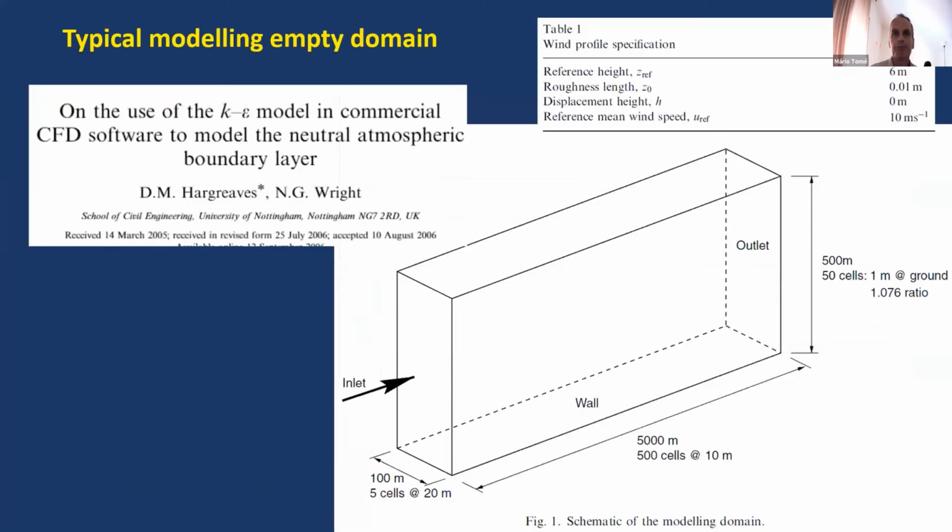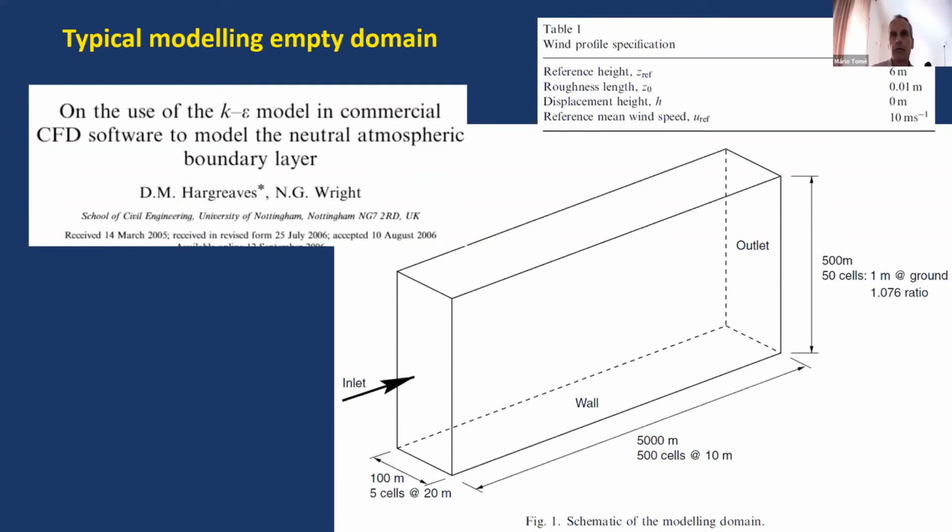Normally we want to have inlet boundary conditions that are horizontally homogeneous, and they have to be coherent with the standard kappa epsilon model in this case, or kappa omega, etc. And with the ground boundary conditions, which is a wall.